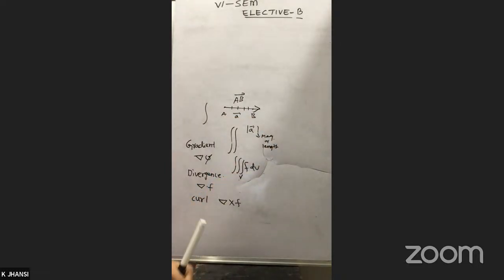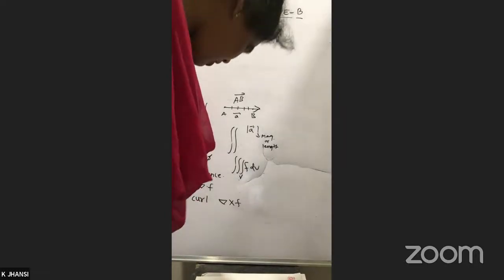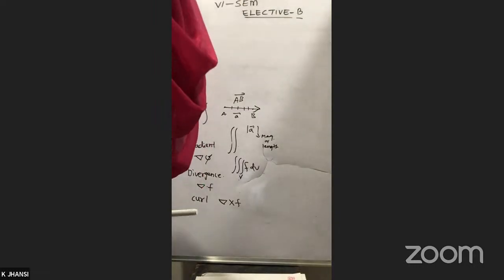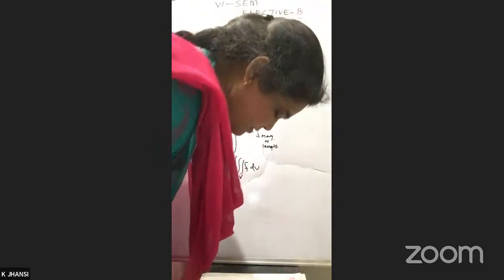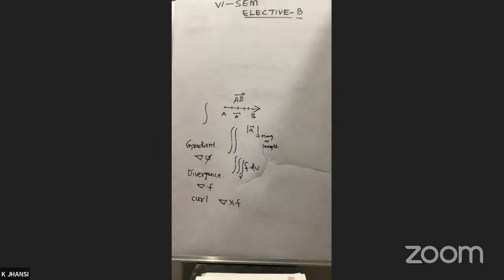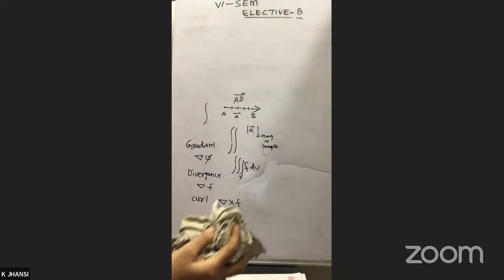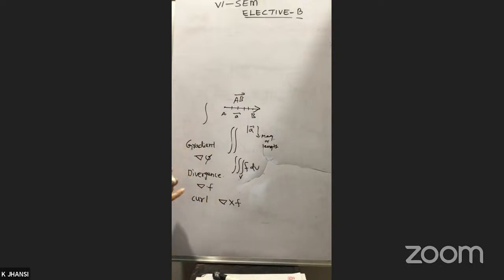Whatever the first point is, that point is called the initial point, and whatever the end point is, that is called the terminal point.